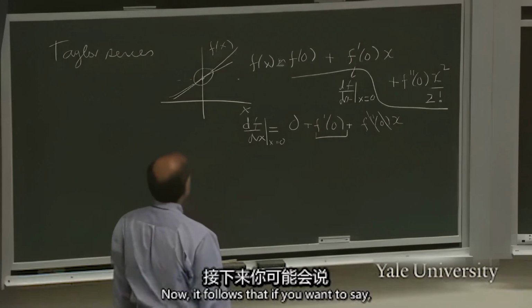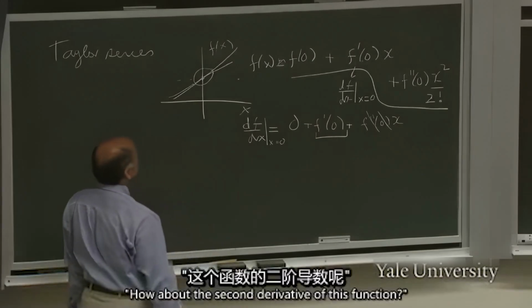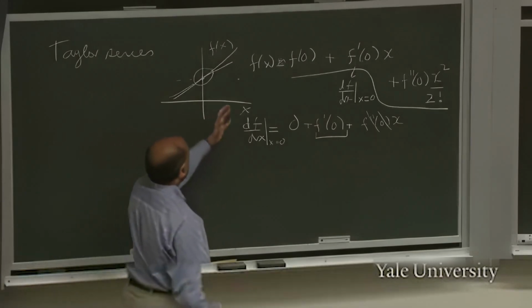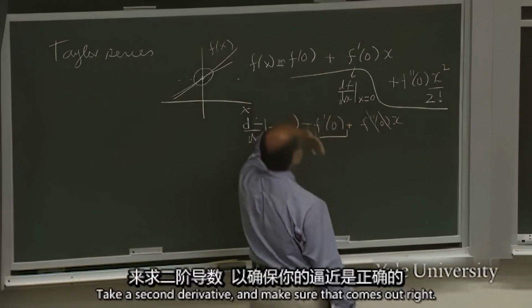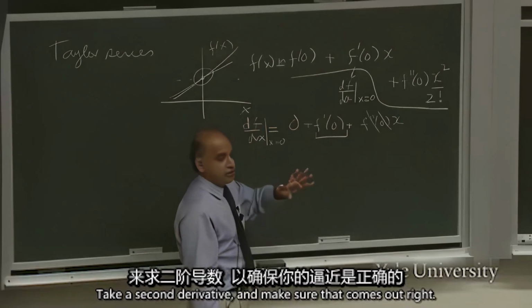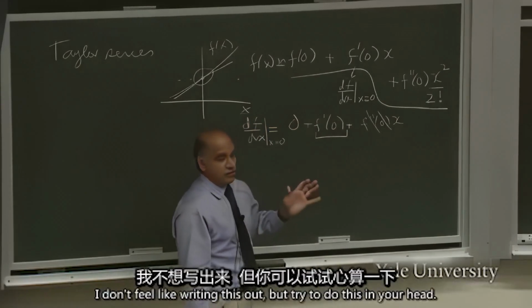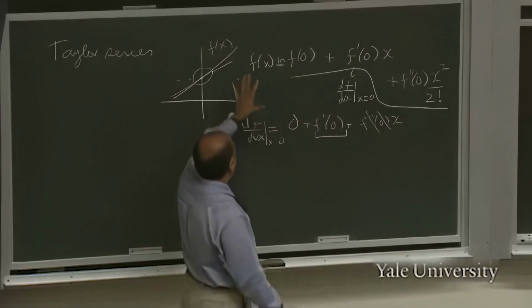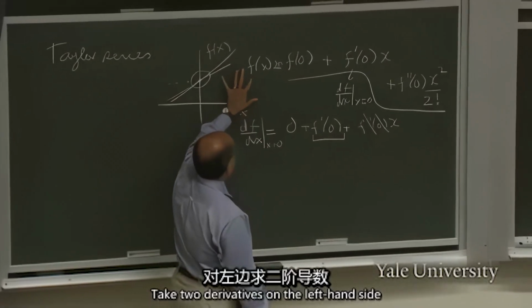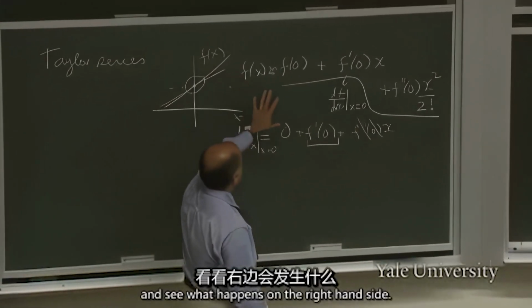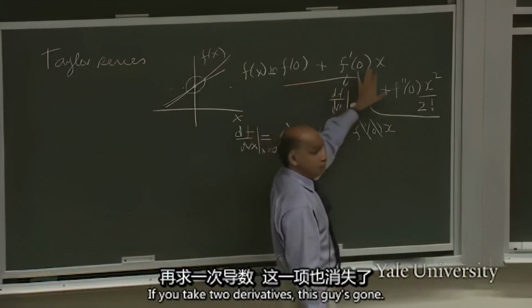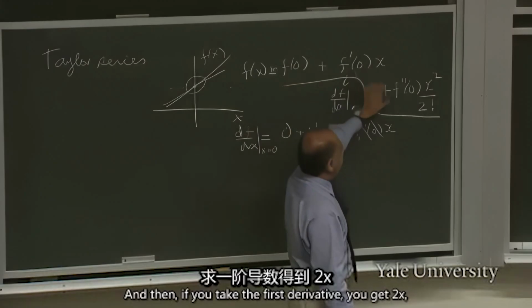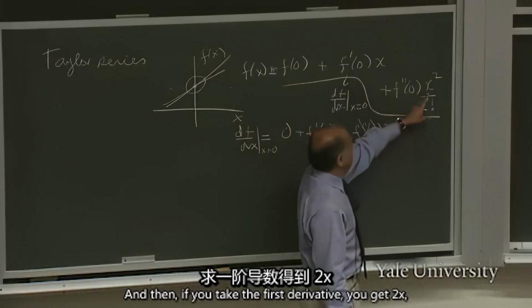Now it follows that if you want to say, how about the second derivative of this function? Let's take the test function I have, or the approximation, take its second derivative, and make sure that comes out right. I don't feel like writing this out, but try to do this in your head. Take 2 derivatives on the left-hand side, and see what happens on the right-hand side. Well, if you take 1 derivative, this guy is gone. If you take 2 derivatives, this guy is gone. And then if you take the first derivative, you get 2x.